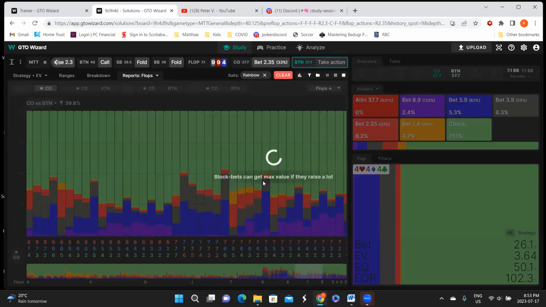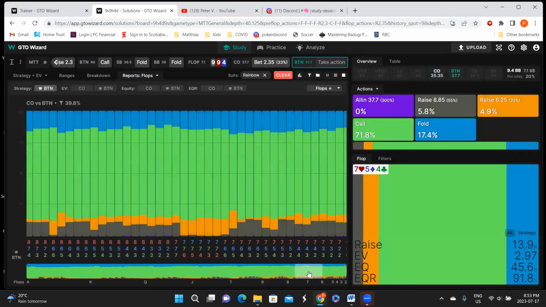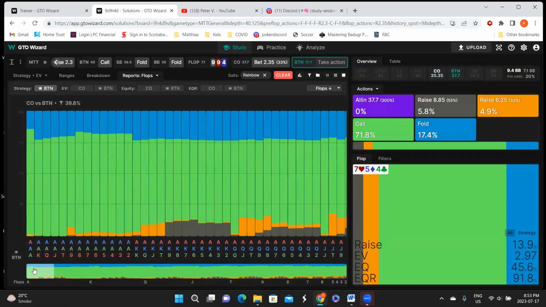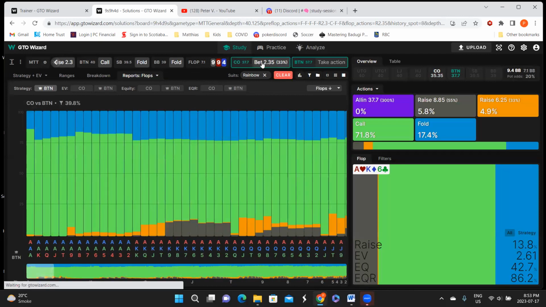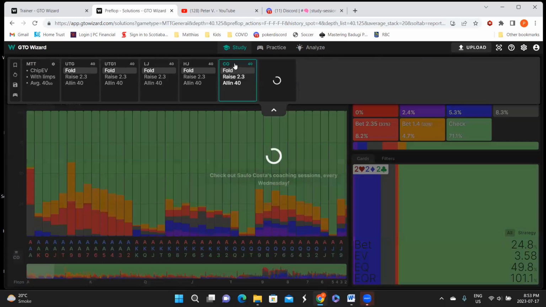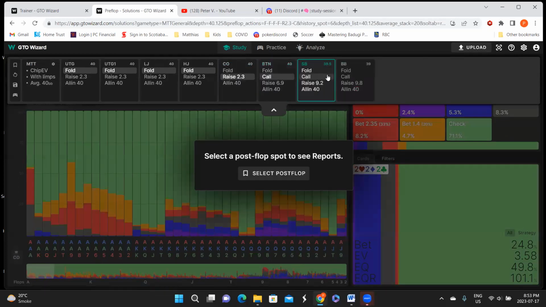For the button, the strategy is going to be a little different. So this is the button facing a third bet. So facing a raise, call, gotta go postflop here.